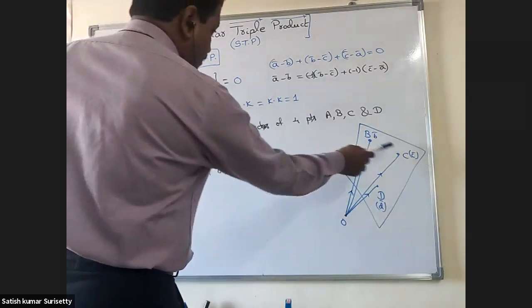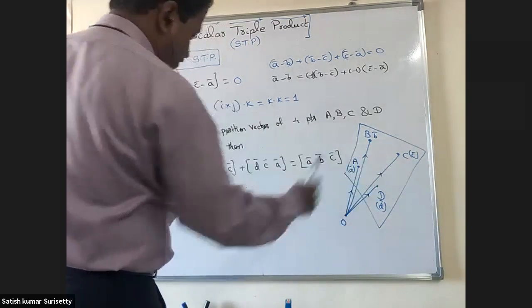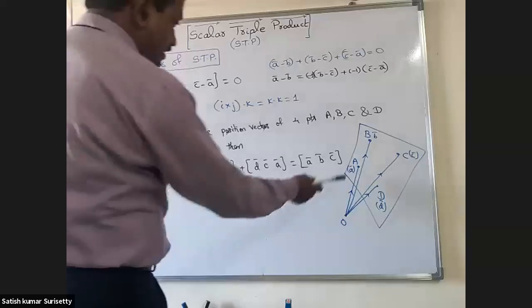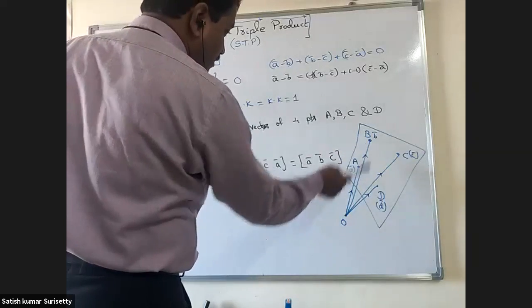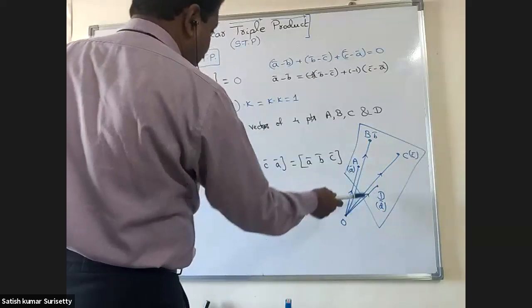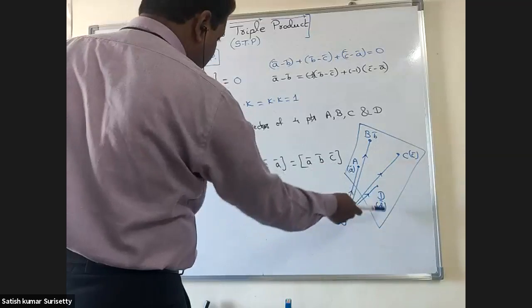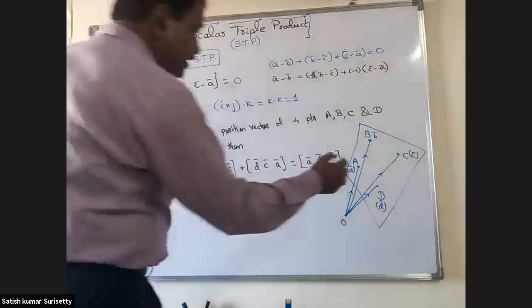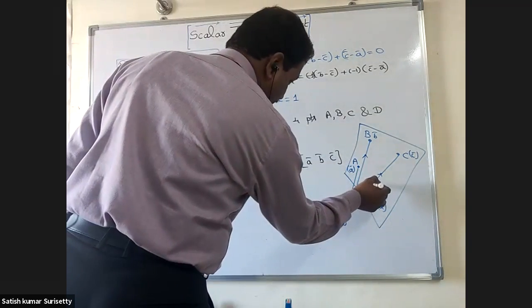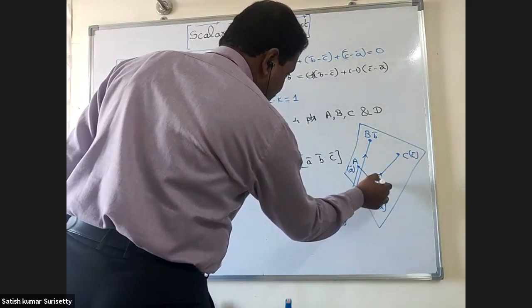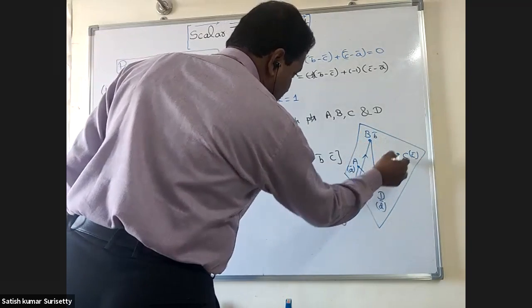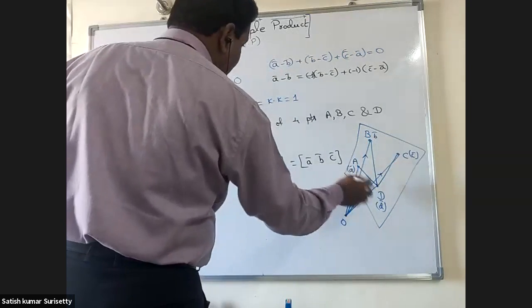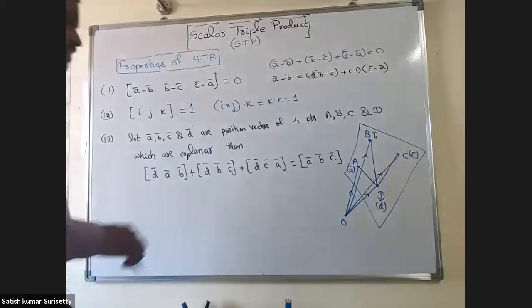Here the points A, B, C, D are coplanar and the position vectors of A, B, C, D are OA bar, OB bar, OC bar, OD bar. It is not necessary that A bar, B bar, C bar, D bar are coplanar. We can form three vectors DA bar, DB bar, DC bar. If I consider DA bar, DB bar, DC bar, they are coplanar.